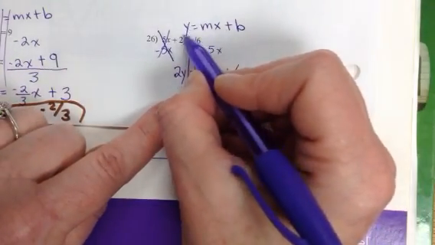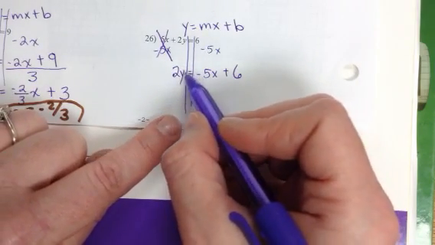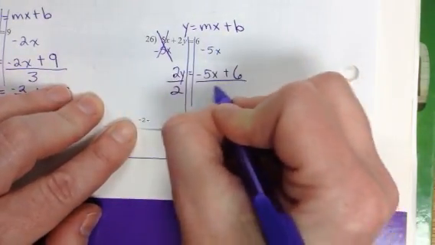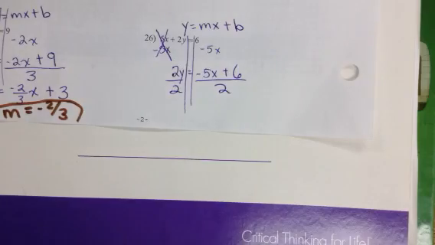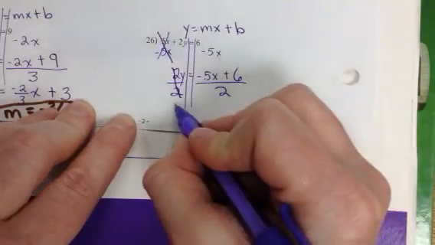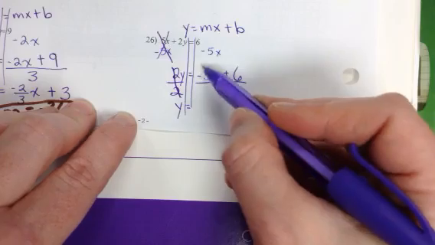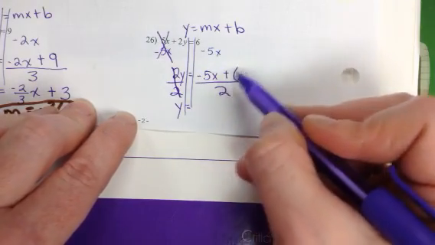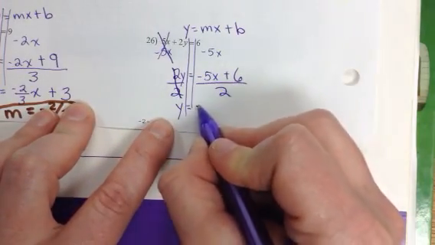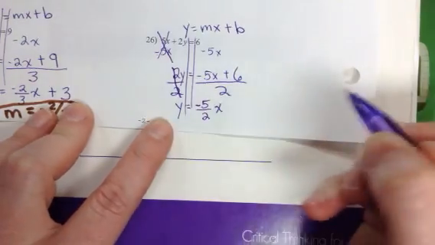But in my goal it just says y, it doesn't say 2y. So I have to ask myself, what would make this 2 get away from the y? So I see that they are multiplying, so I need to divide both sides of the equation by 2. So these will cancel. 2 divided by 2 is just 1. Y equals, I have to break this up into different parts because I had this part divided by 2 and I have that back part divided by 2. So I'm going to take that top number, negative 5, I'm putting it over 2, pull the variable to the back of it.